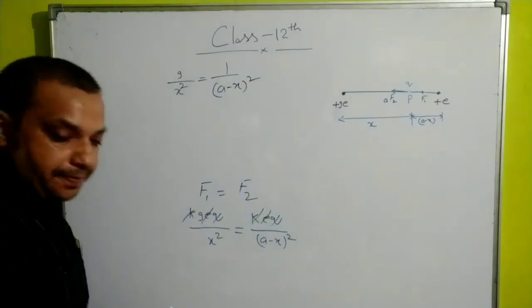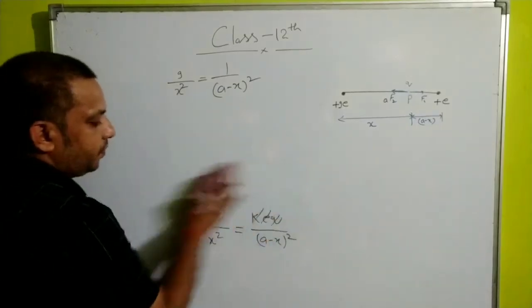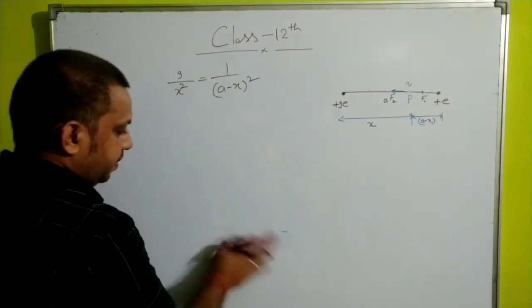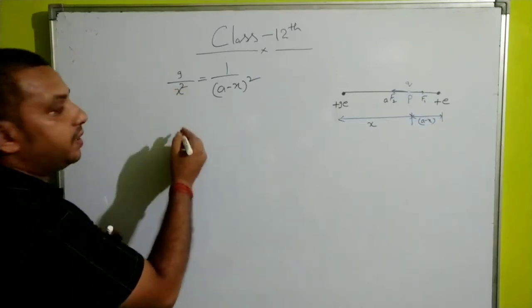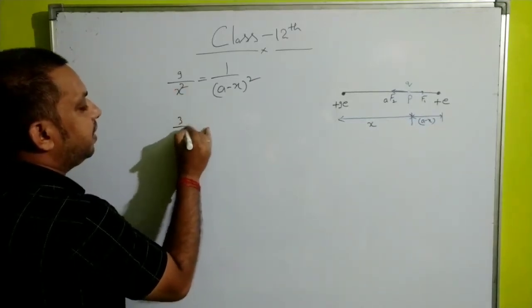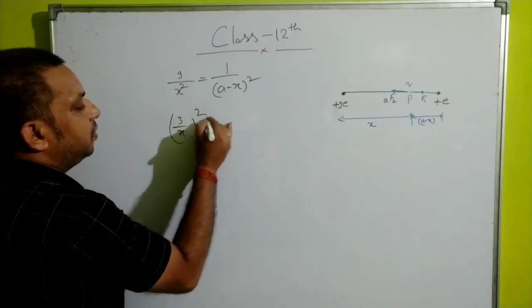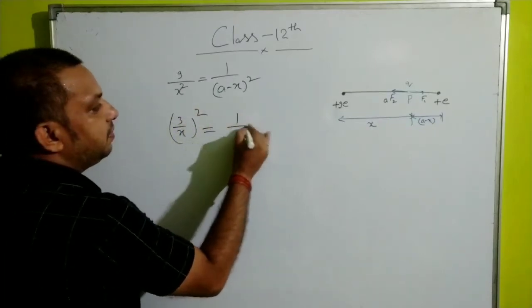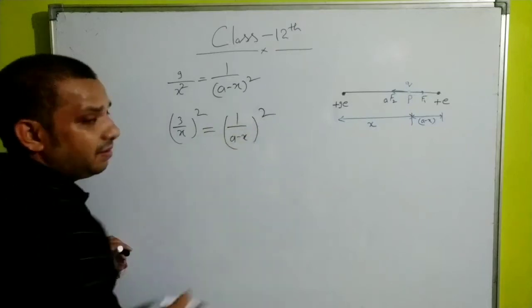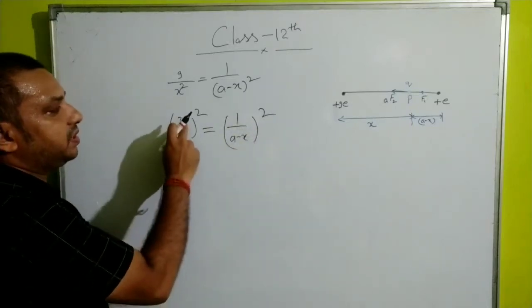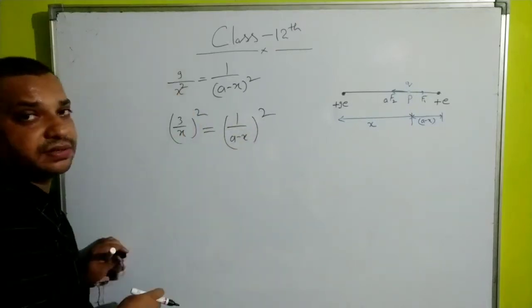Clear? So we have this kind of expression. Now you can write this 9 by x square as 3 by x whole square, right? And this one will be 1 upon a minus x whole square, because 3 by x, 3 square you will get 9 and x square is already here.